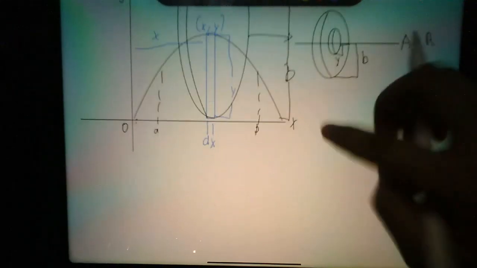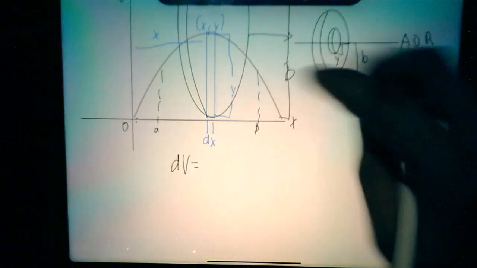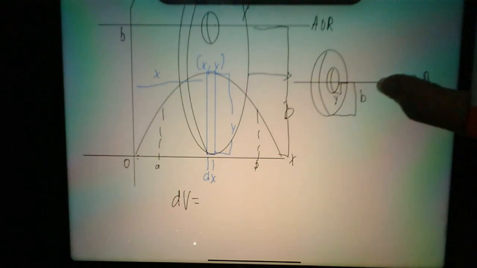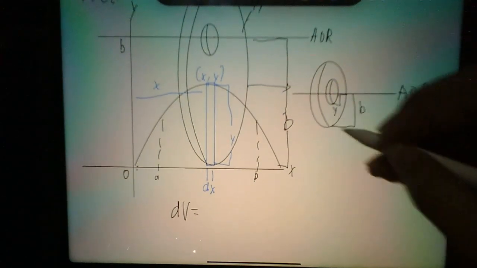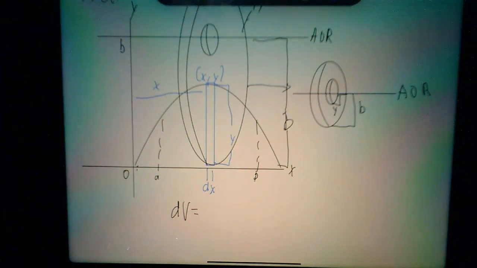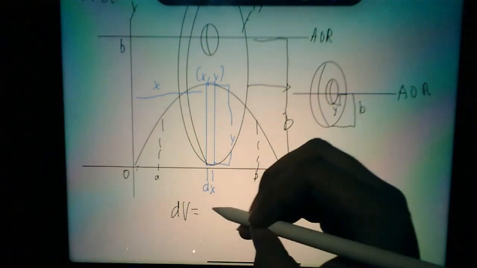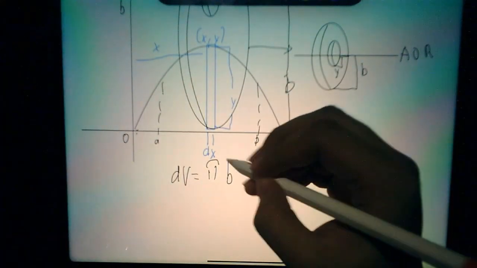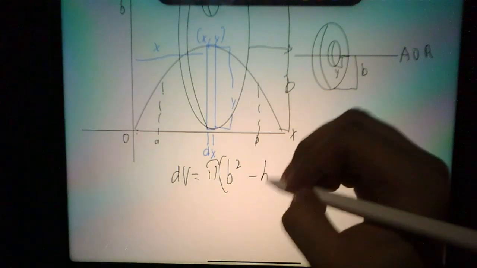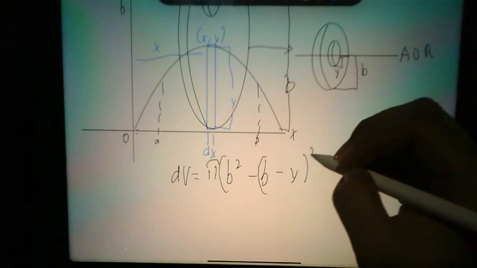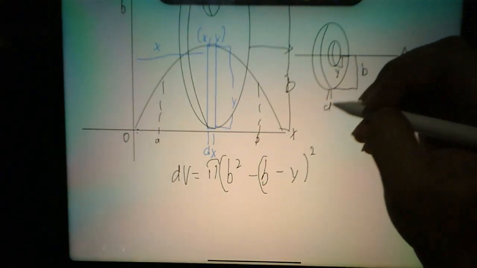So the differential volume of this is just equal to the difference of the bigger area minus the lower area, which is B minus Y, and the formula for that is the differential volume is just equal to pi times B squared minus Y squared, and don't forget this is our dx here.